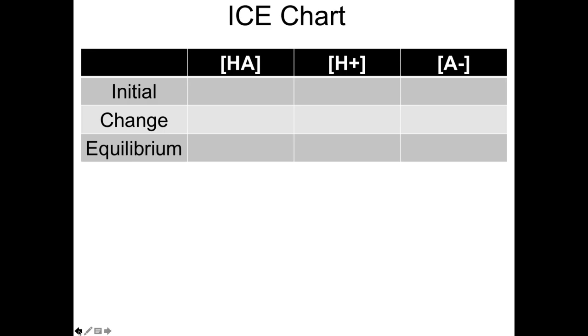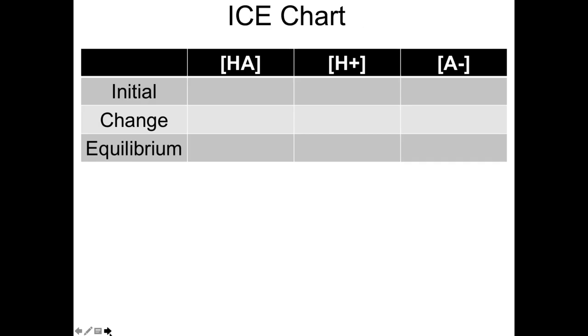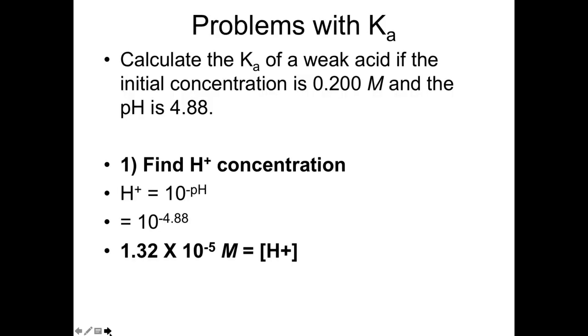Then, to help us with weak acids, we're going to use something called ICE charts. ICE charts basically help you organize your data before you plug items into an equation. So from the problem given, we know that the starting concentration was 0.200 molarity.